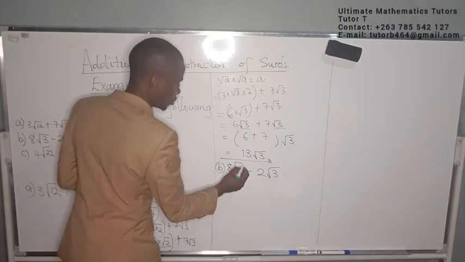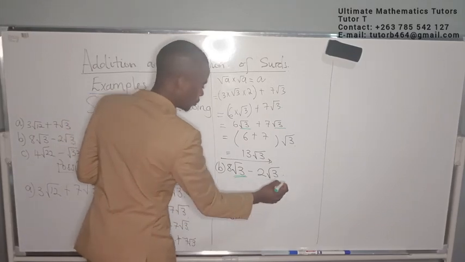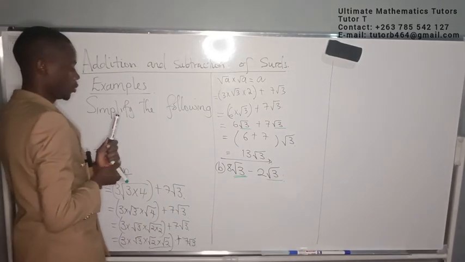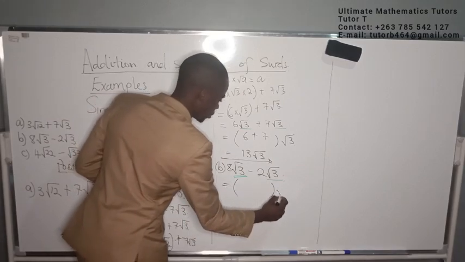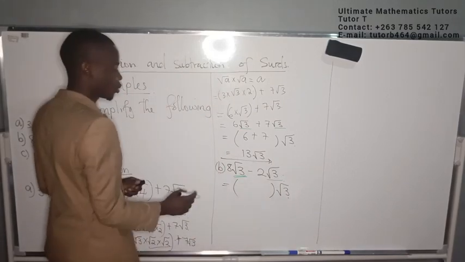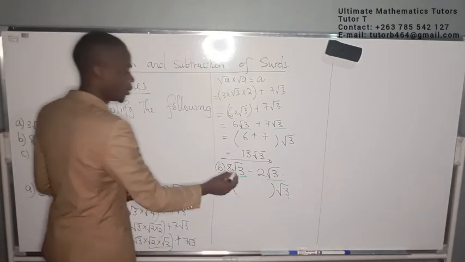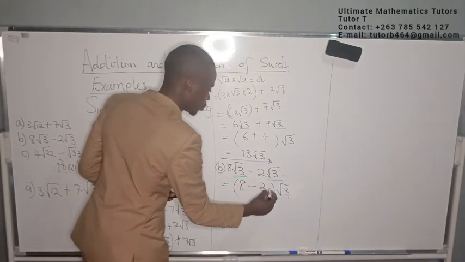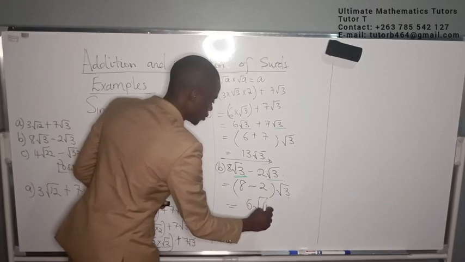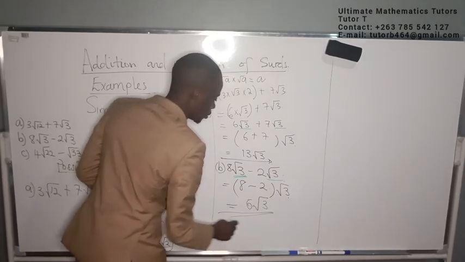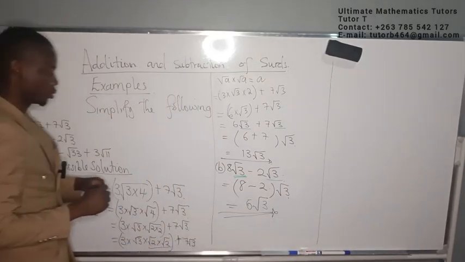We've got square root of 3. So for our solution, root of 3 is what is common. Remove that outside the bracket, and then I'm left with 8 minus 2. 8 minus 2, that is 6 root of 3. That is our possible solution.